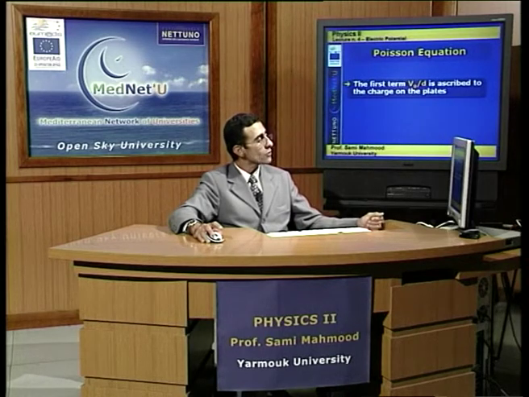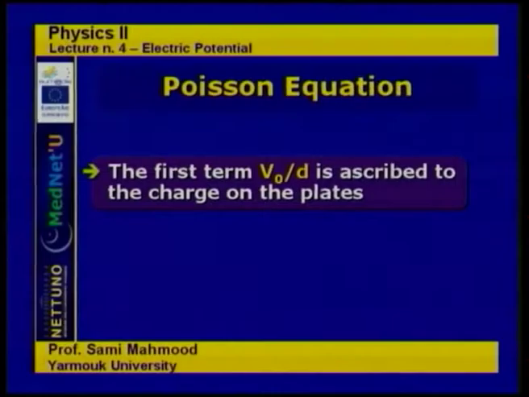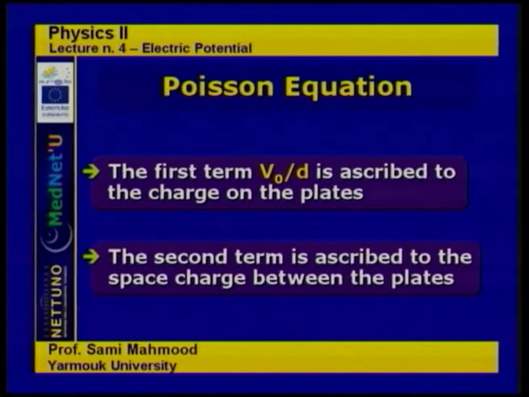The first term, V naught over d, is ascribed to the charge on the plates as before, as in the previous example. So V naught over d is the same term that appeared in the first example without a charge distribution. Thus, the second term is due to the charge distribution. If we set rho equal to 0, we get the previous result.